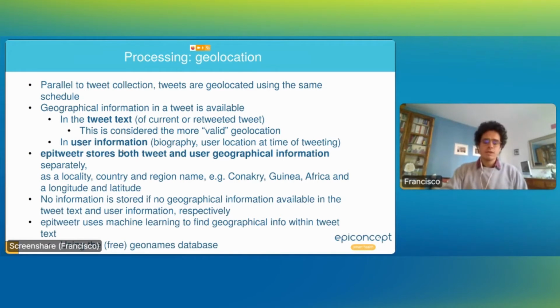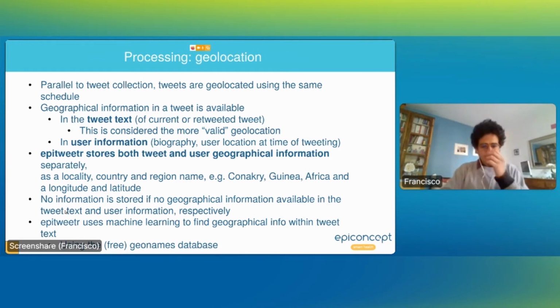In order to do that, we can identify the user location using some information from the API, or using the user-declared location, or using the user biography. And so epitweetr will store both the tweet text location and the user location.